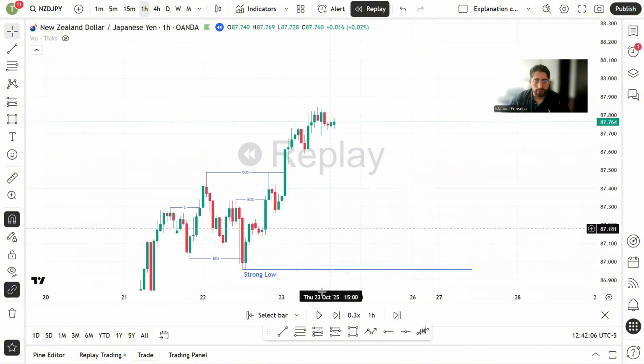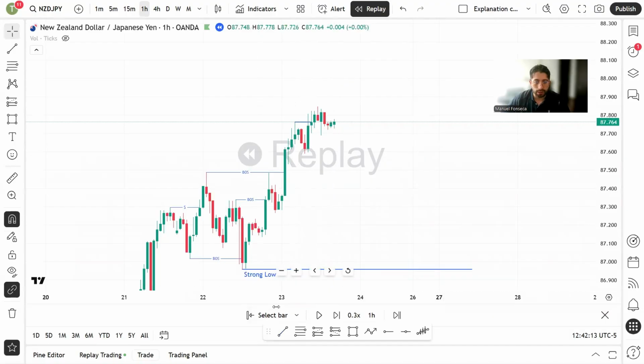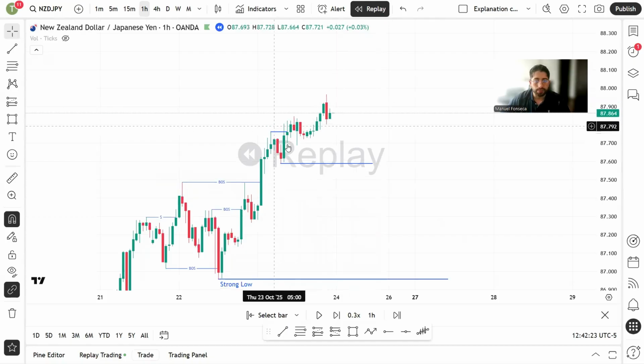To find the ending of a range, we will wait here for a liquidity taken, which is already made here, and then we will wait here for a break of structure of this low, right? But let's see what happens with the price. The price keeps pushing up, so we just update.